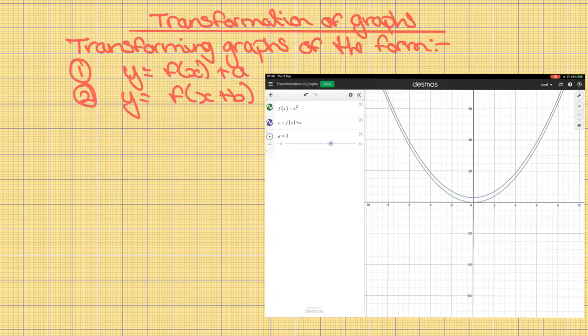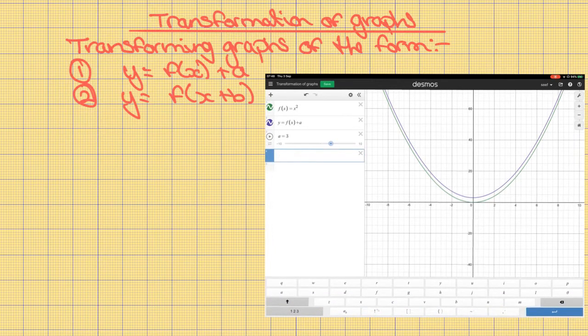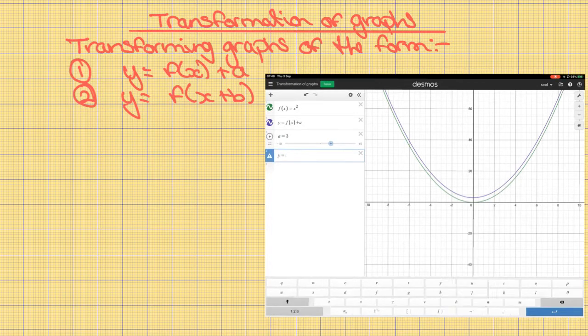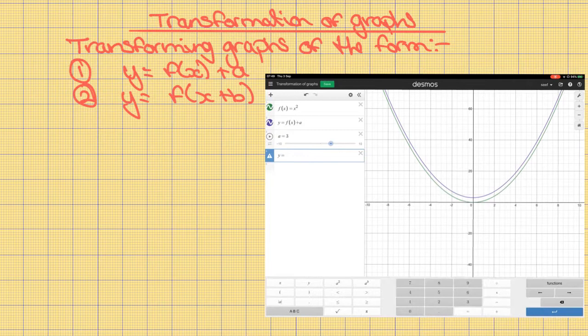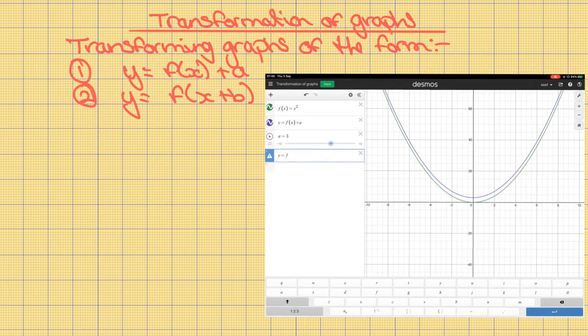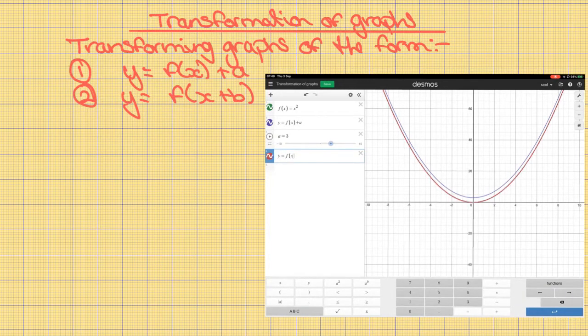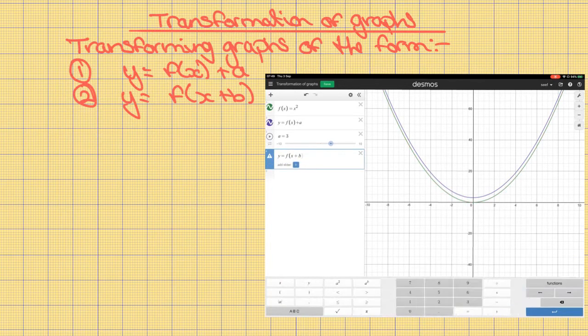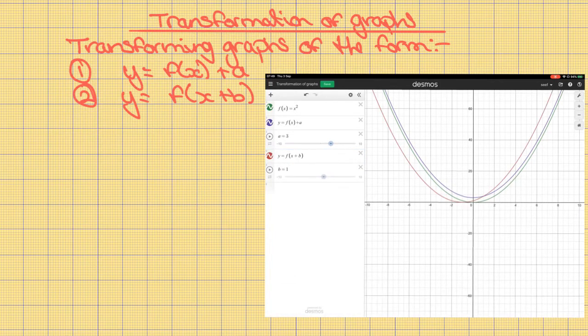Now if we draw the graph y equals f of x plus b, we have a slider for b.